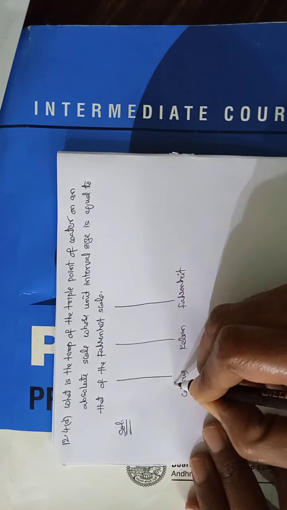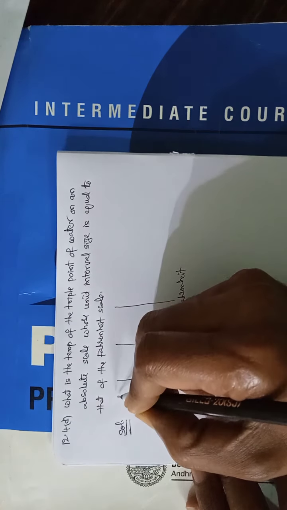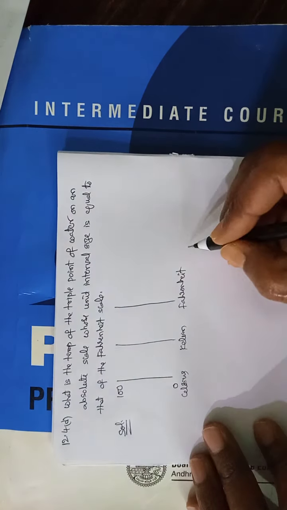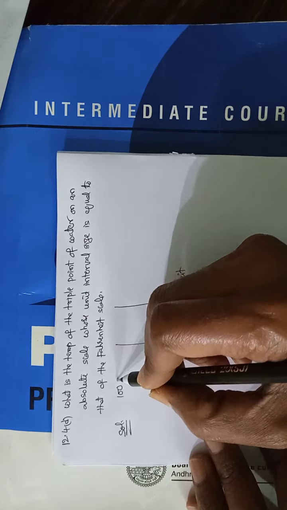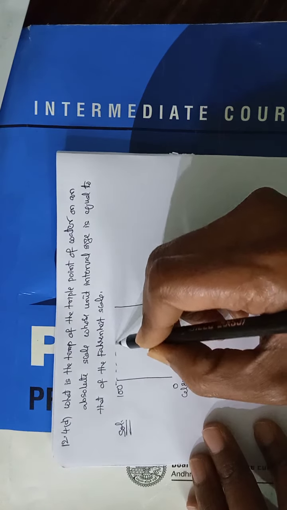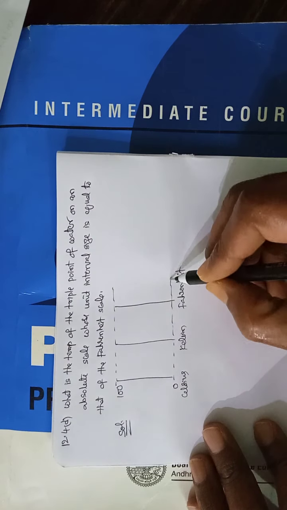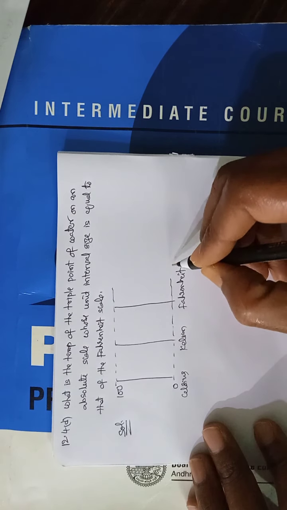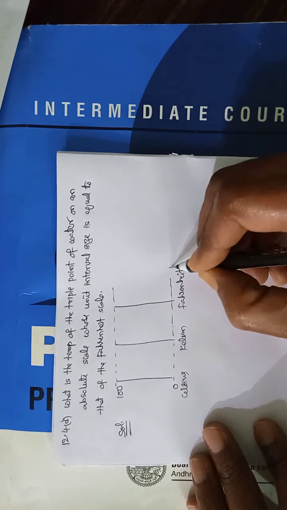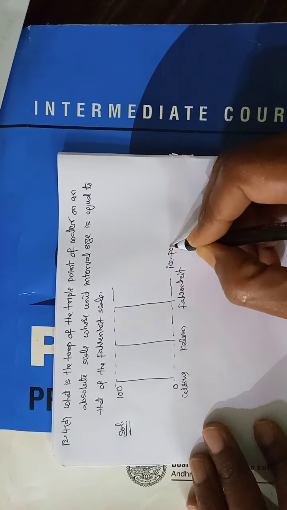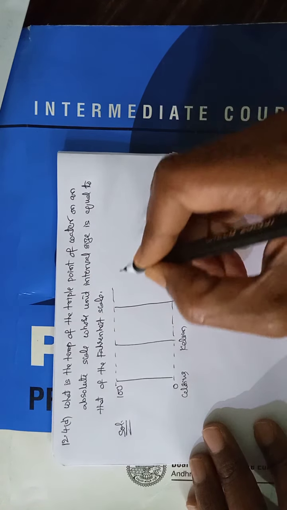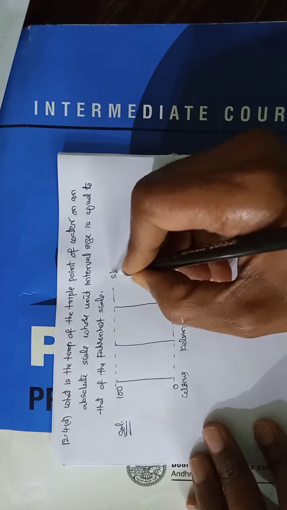Celsius we know lower fixed point 0, upper fixed point 100. See, we are writing the upper fixed points and lower fixed points. Lower fixed point for ice point, upper fixed point for steam point.